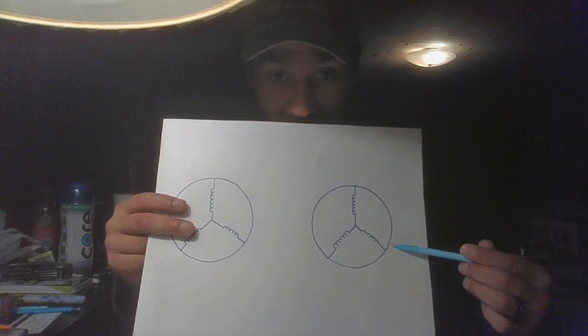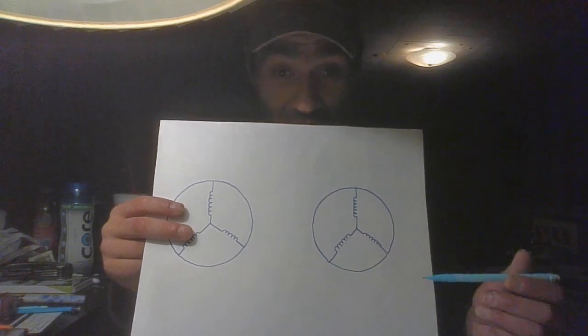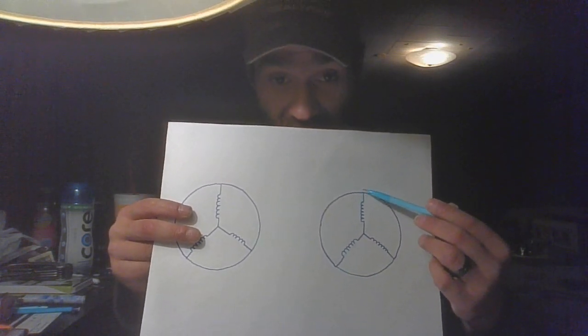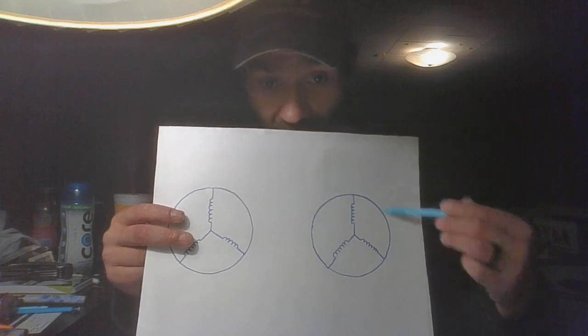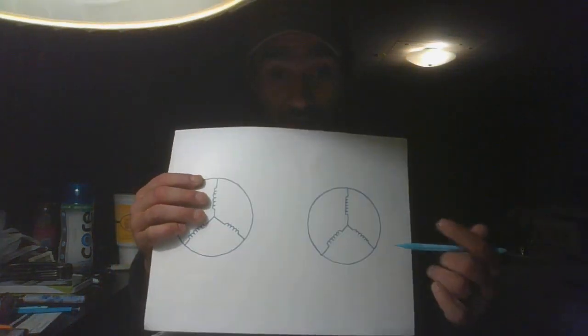Okay, now what you do in a Y-configured system or a delta-configured system, your points of reference from phase to phase are 120 degrees displaced. 120, 120, 120 is 360 degrees. So a phase is simply, see, A phase, B phase, and C phase are always going to be at a different potential.